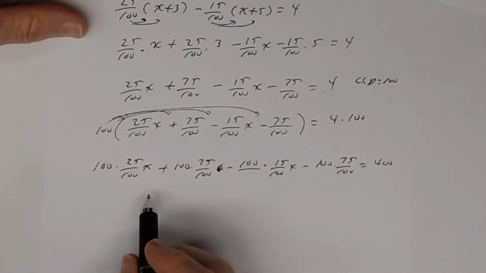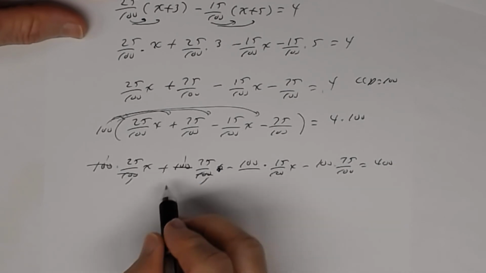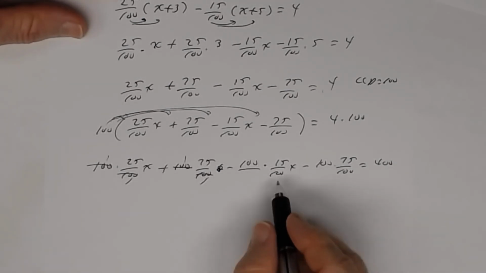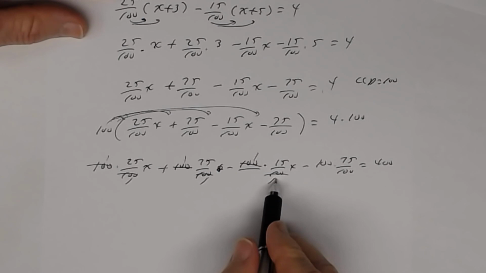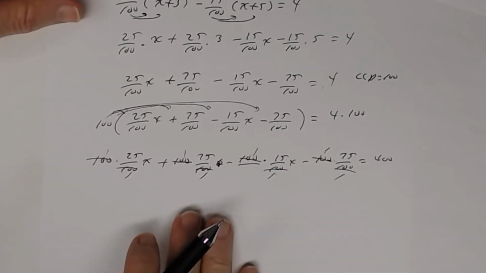All right, so let's go ahead and reduce. These hundreds divide out, you get factors of 1. See how simple that is? And here's what you have.